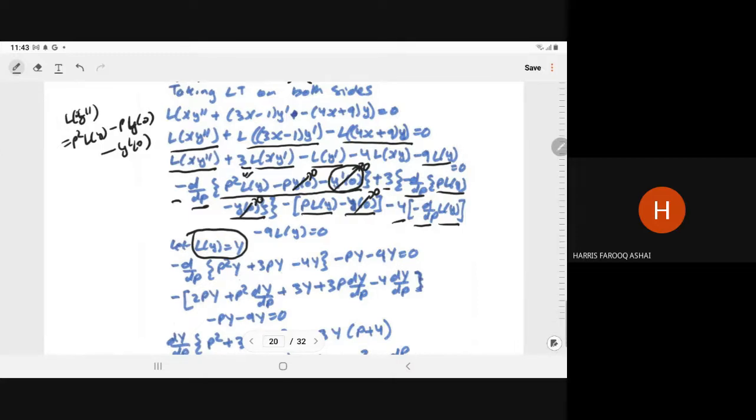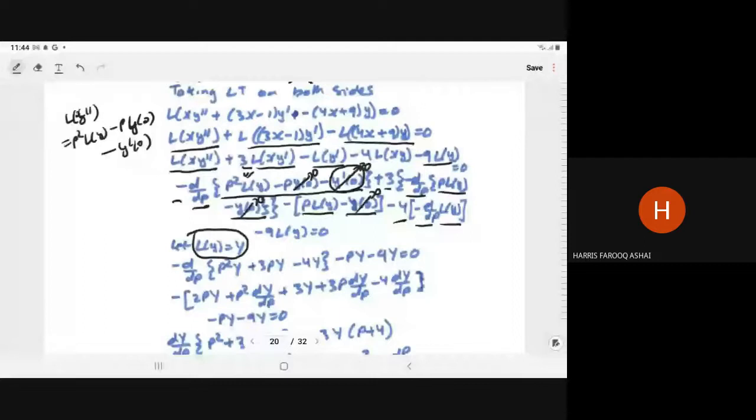So minus d by dp of y dash(0) is equal to 0. So from the first we have p square Y. From the second we have 3 into p of capital Y, and this is already 0. From here we have the minus p.